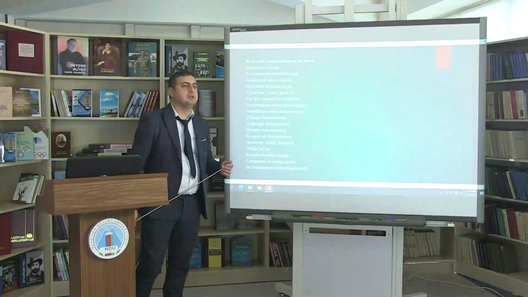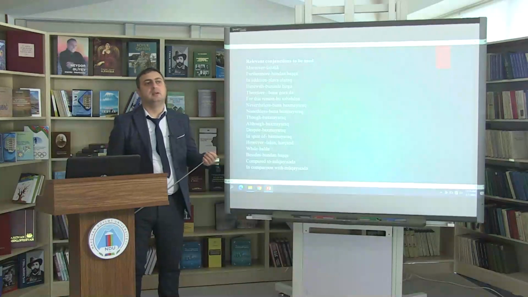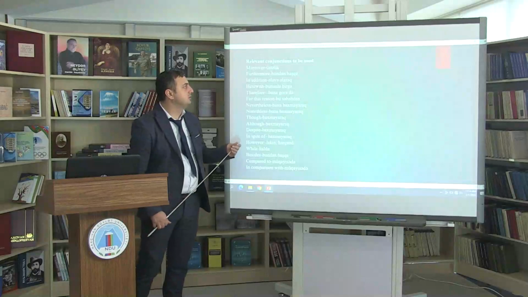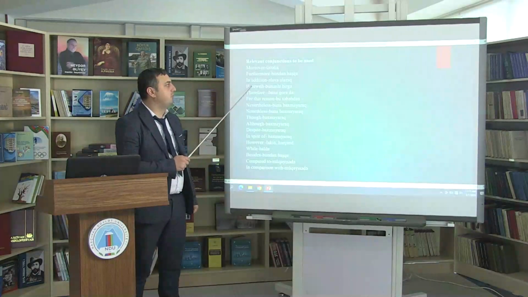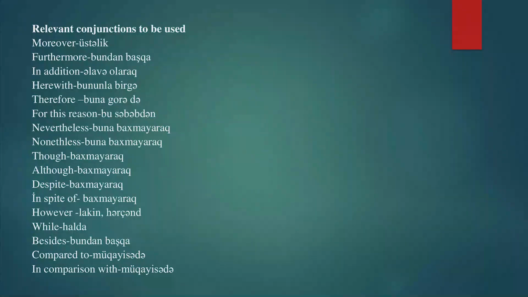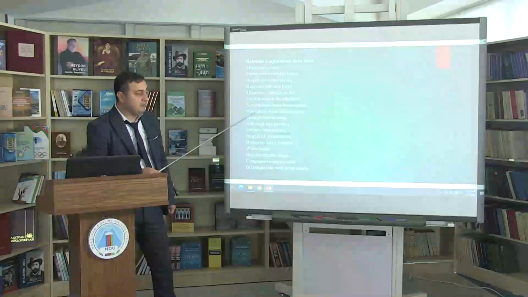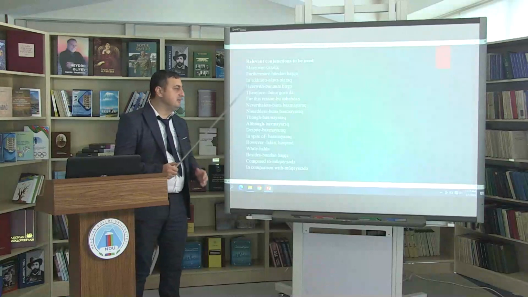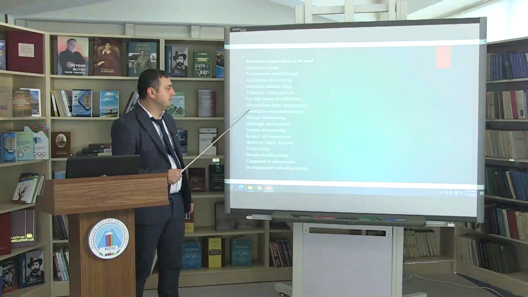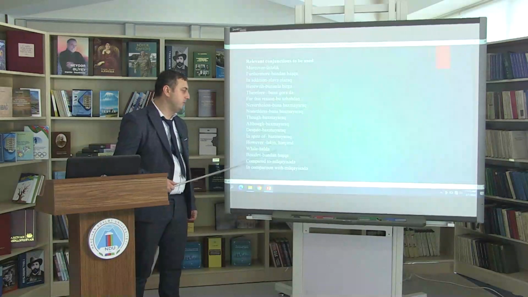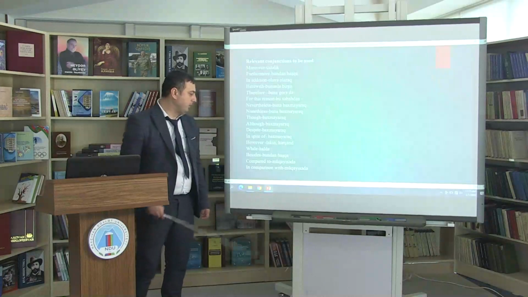We should pay attention to the most relevant linking words like conjunctions, like moreover, furthermore, addition, in addition, herewith, therefore, for this reason, nevertheless, though, but when we contradict the idea, we should use nonetheless, nevertheless, though, also, despite, in spite of, however, while.